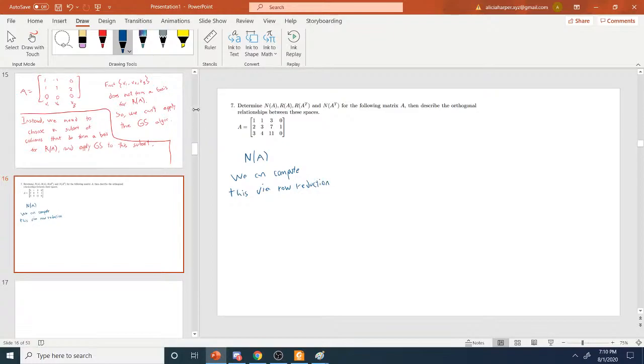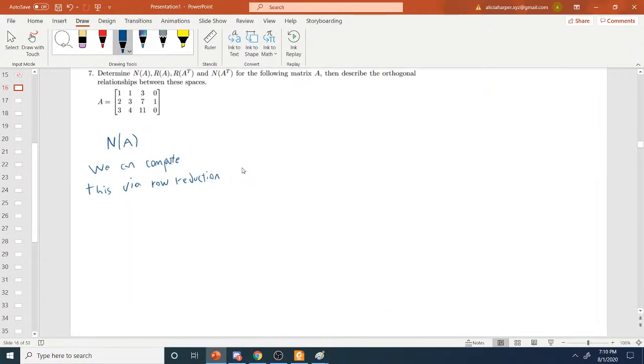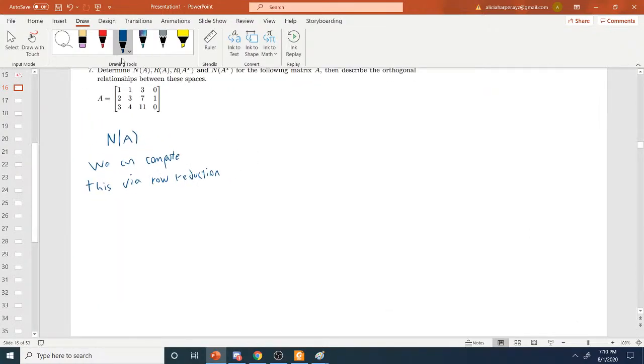So let's go through it. We start with our matrix 1, 1, 3, 0, 2, 3, 7, 1, 3, 4, 11, 0. First thing we're going to try to do is get rid of this 2 and this 3 because we want to put it in row reduced echelon form. So we set row 2 equal to row 2 minus 2 times row 1.